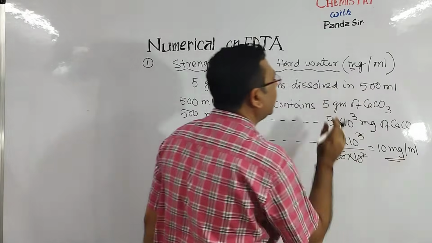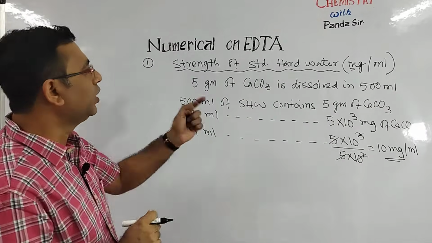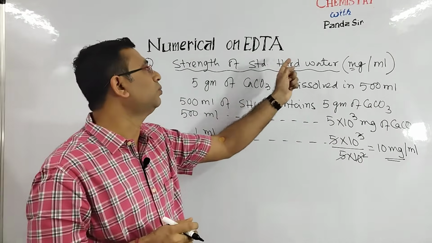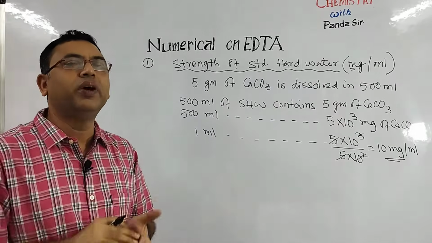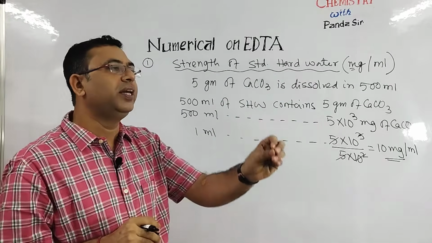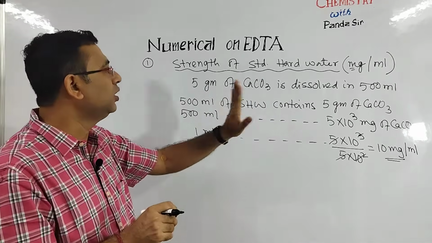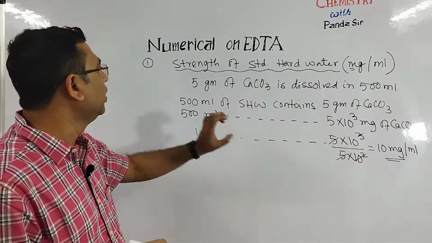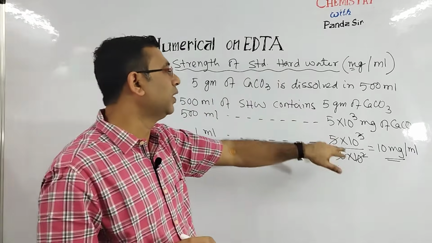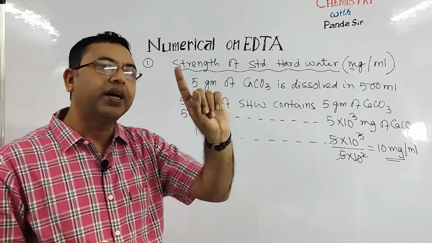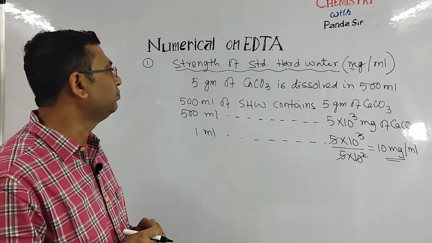This is what I have to do in the first step, the strength of standard hard water. If in the numerical it is given that 1 milligram is present in 1 ml, then no need to do anything. If it is not given, then only we have to follow this step, to find how much milligram of calcium carbonate is present per ml of standard hard water.